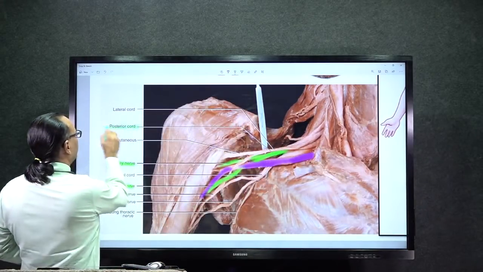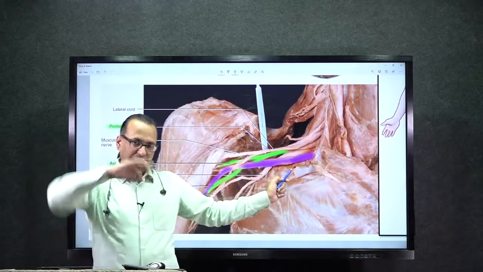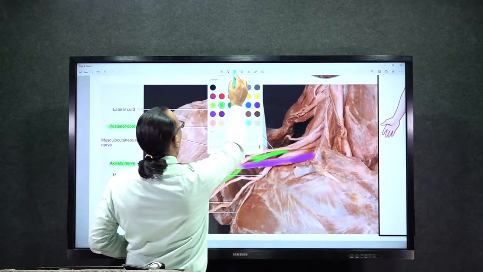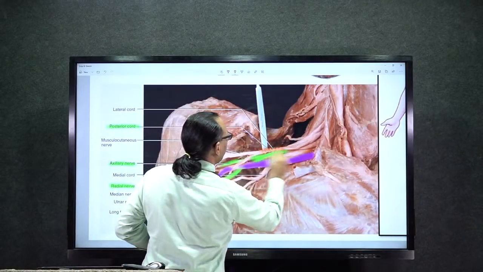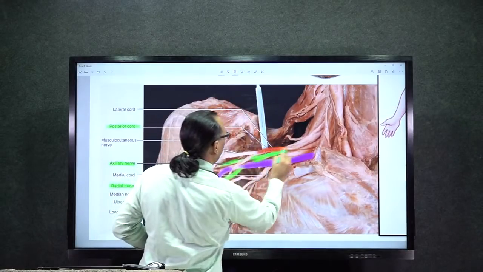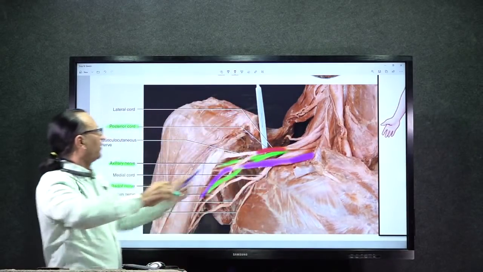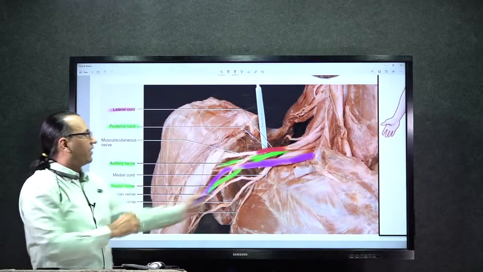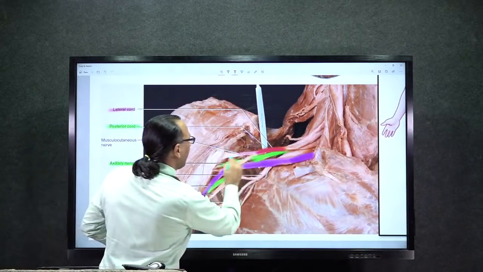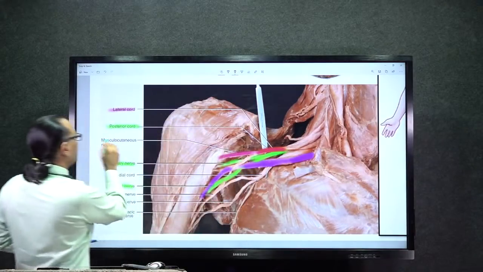Fine, got it. What about the lateral and medial cords? As you will see, there is this lateral cord also. Let me change the color to a deeper color. So this is the lateral cord, and the lateral cord will be lying lateral to this axillary artery and continues as the musculocutaneous nerve.